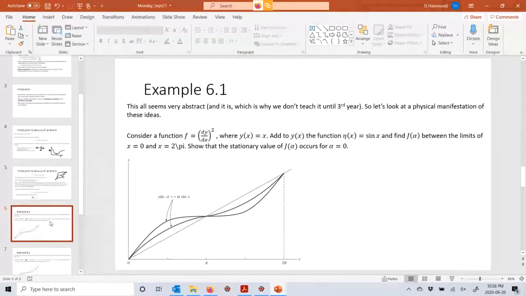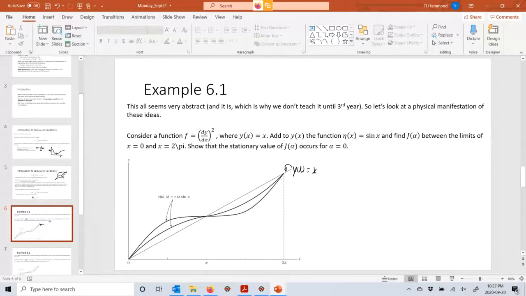Okay, so for this example, consider some function f, which is equal to (dy/dx) all squared, where y of x is equal to x, so it's just a straight line. So of course we have y of x is equal to x right here. Now, what we want to do is add this eta function, and we're going to say it has to satisfy these conditions.